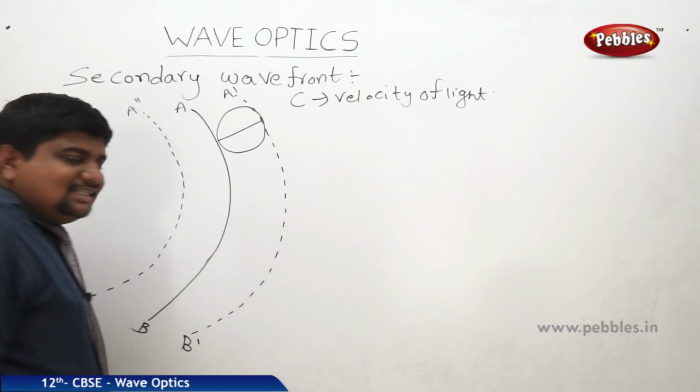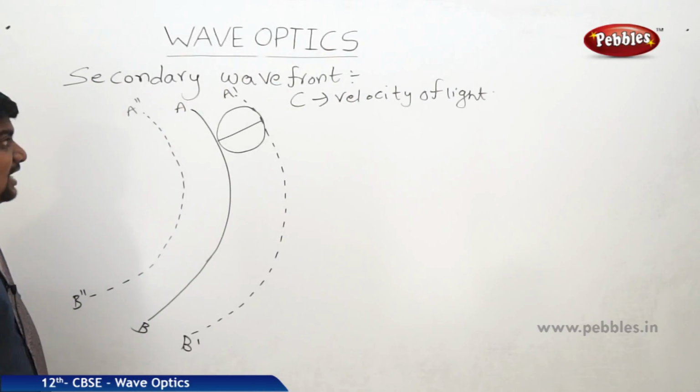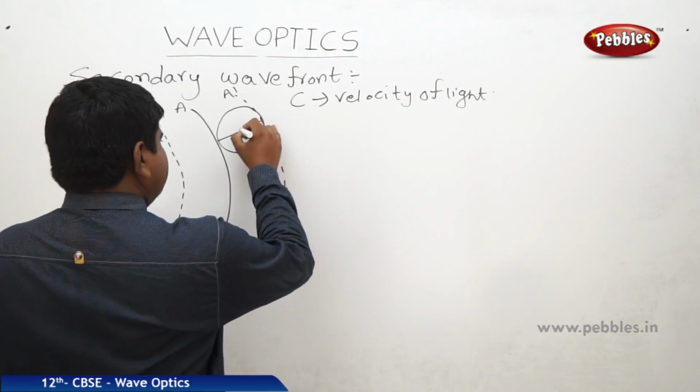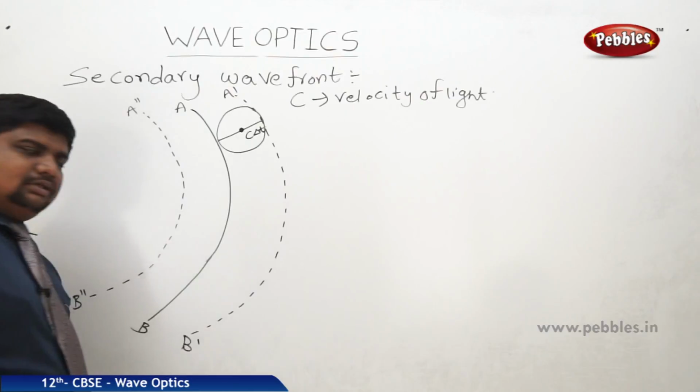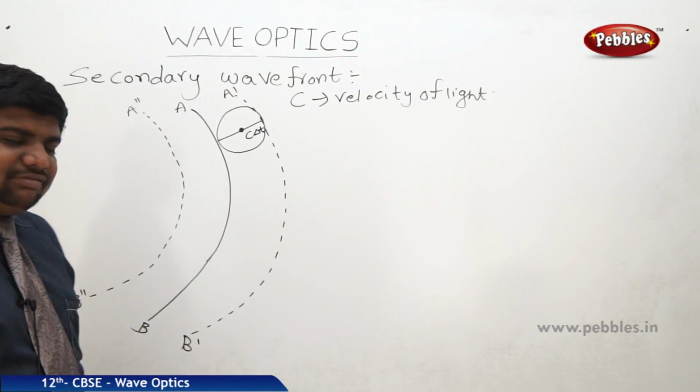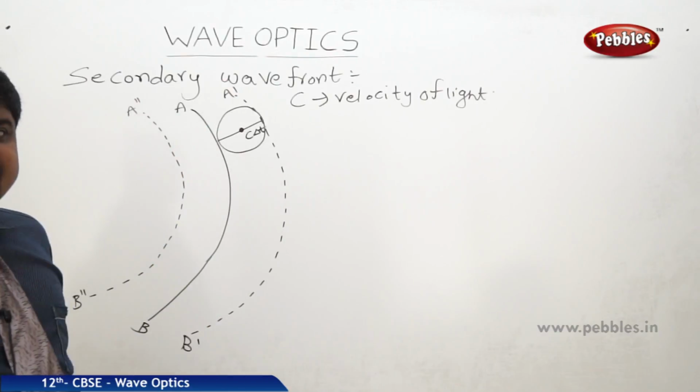But what is the distance of these circular wavefronts, which are called secondary wavefronts? c delta t. Because the distance traveled by these wavefronts, c equals dx by dt, so we can write dx equals c into delta t.